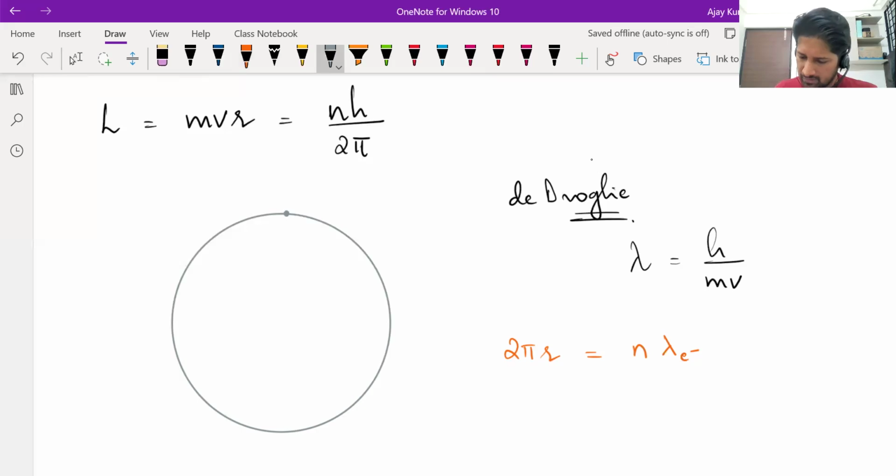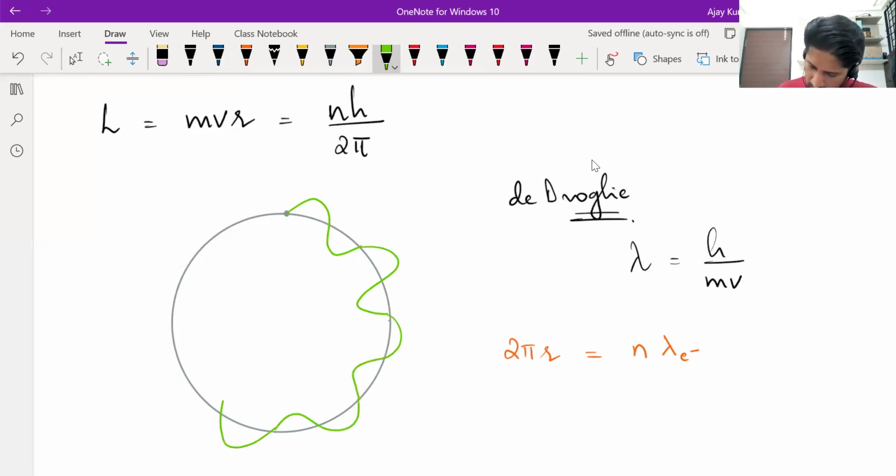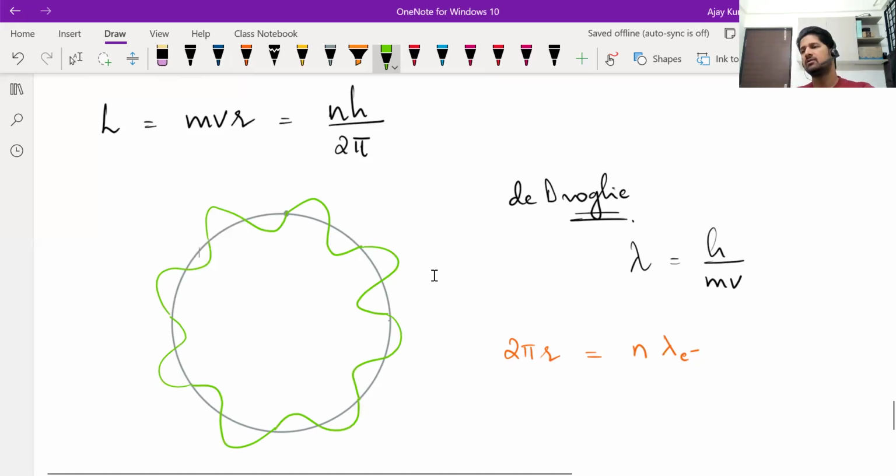So if an electron is in a stationary orbit, then if you treat the electron as a wave, the situation should be like this. The circumference of the orbit should be an integral multiple of the wavelength of the electron. Only then can the electron revolve without radiating energy.